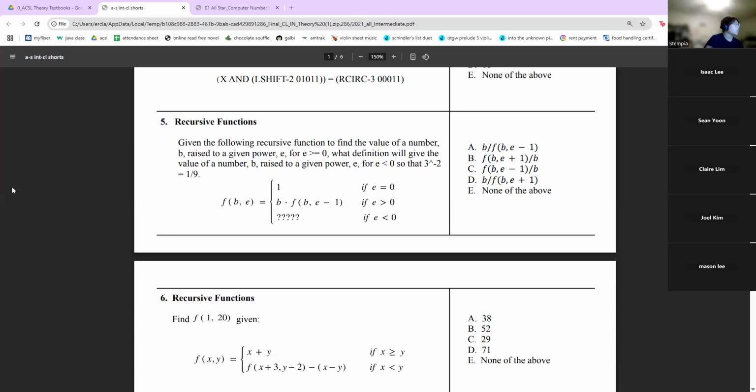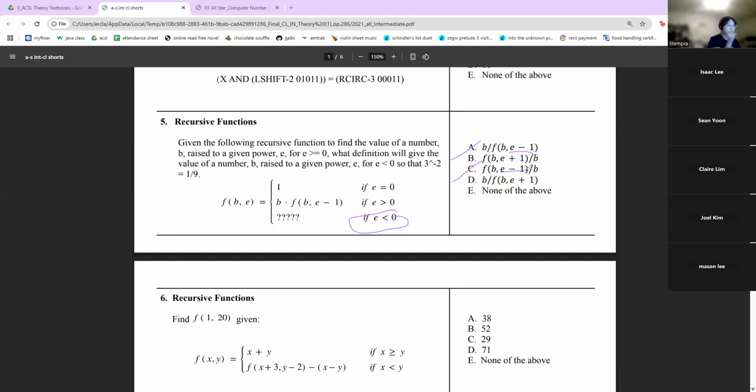Yesterday I was talking about how we can eliminate some of the answer choices just based on common sense and logic. The one we are filling out is under the condition where our exponent is less than 0. In that case, we could eliminate answer choices A and C. Why? In A and C, we recursively call the function again, but this time with an exponent even further away from zero.